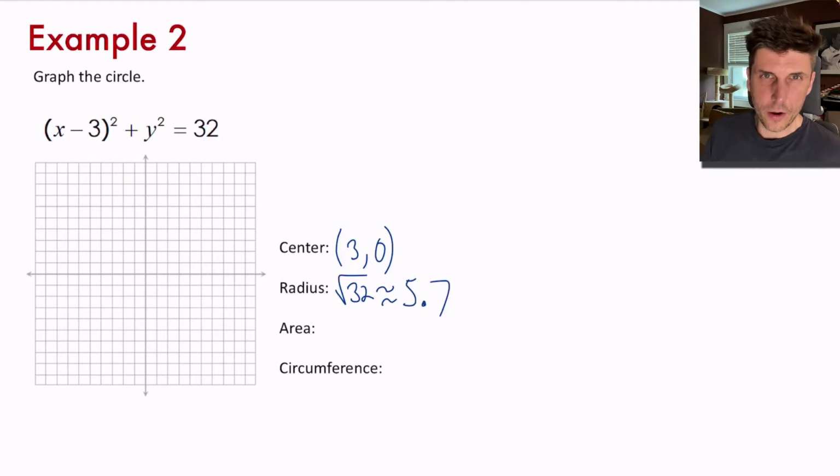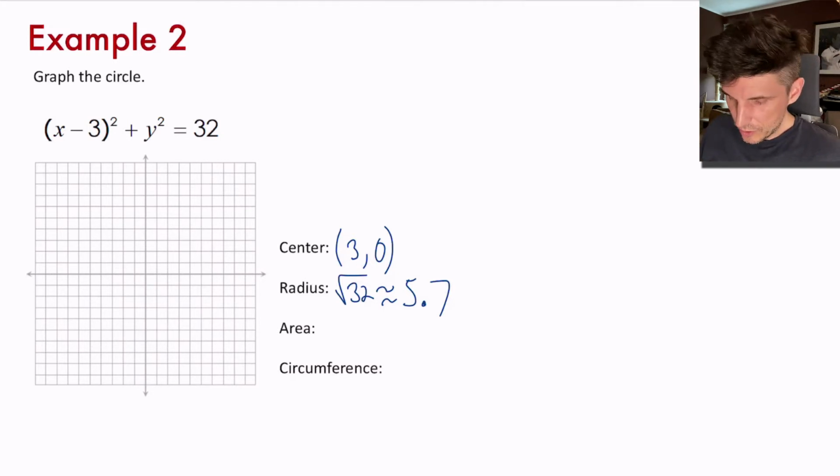Now, why do I care about that? Why do I write it as a decimal instead of square root of 32? Well, do you know where the square root of 32 is? Like how to count that on a coordinate plane, because we're trying to sketch this thing, right? Anyway, so there you go.